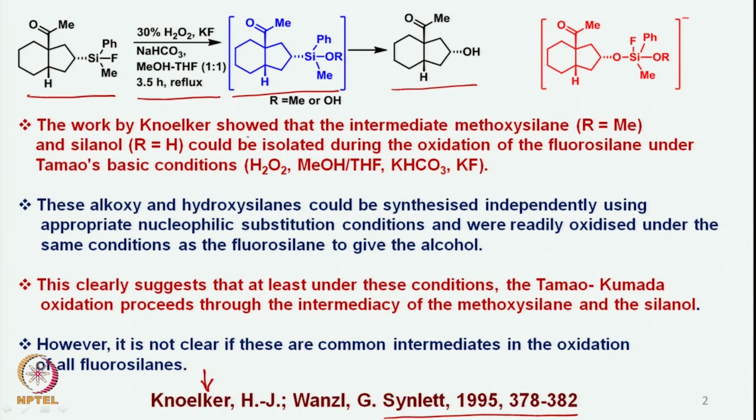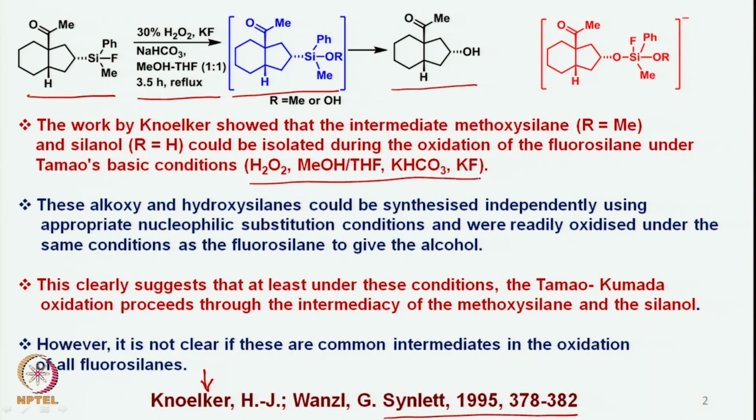So, the work by Knölker showed that the intermediate methoxysilane when R is methyl, or silanol when R is hydrogen, could be isolated during the oxidation of the fluorosilane under Tamao's basic condition. So, this is the condition under which they isolated.